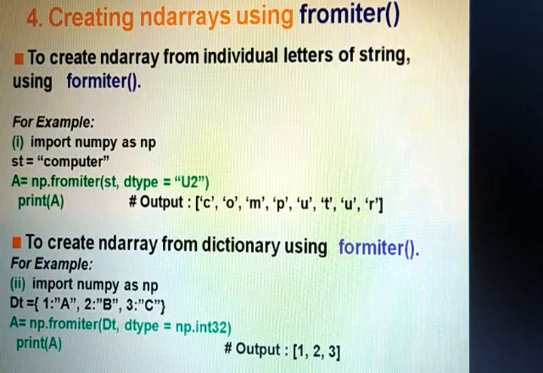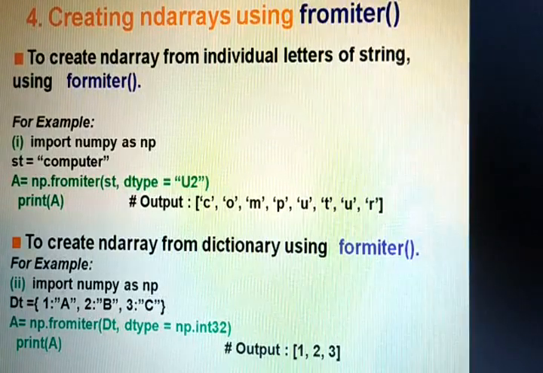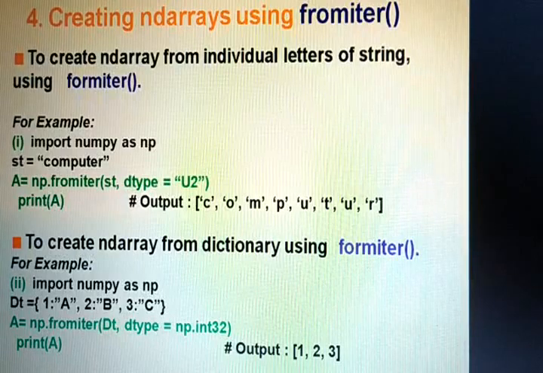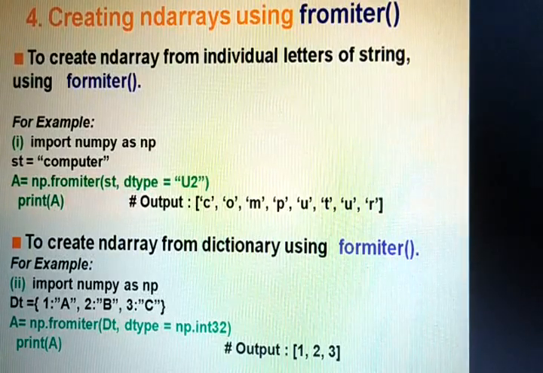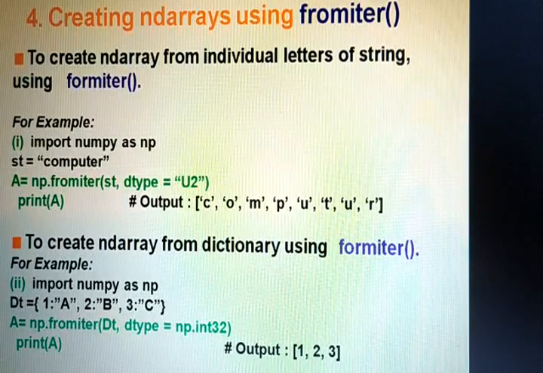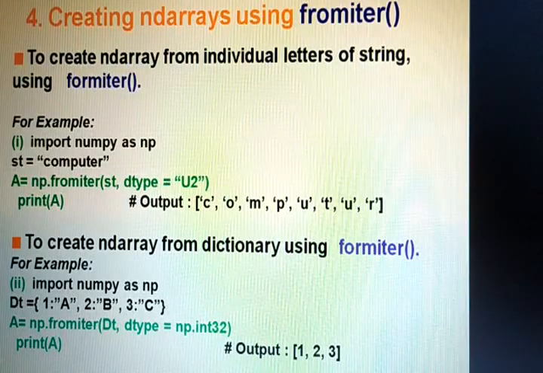Now the next statement, a equals np.fromiter, where dt is the dictionary variable, and dtype equals np.int32.